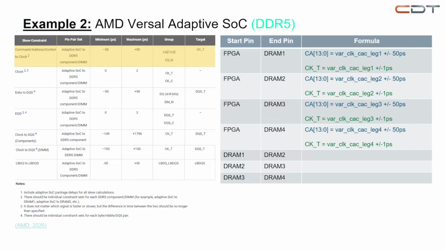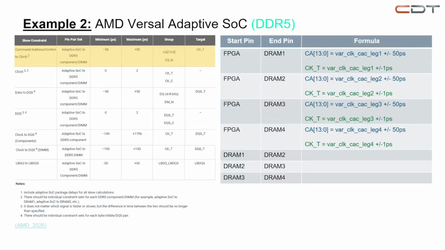So in this table, I'm setting up my clock side formulas and giving it a variable name. We are calling it variable clock to address leg x, and then I'm giving it a 1 picosecond tolerance just because it is a target signal. Again, that could be 0 picosecond if I want to be exact, but in this case, it just gives us a little bit more space for design. On the address side, we are putting the same formula, but with 50 picosecond tolerance.